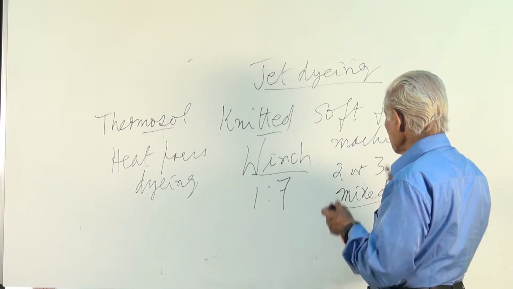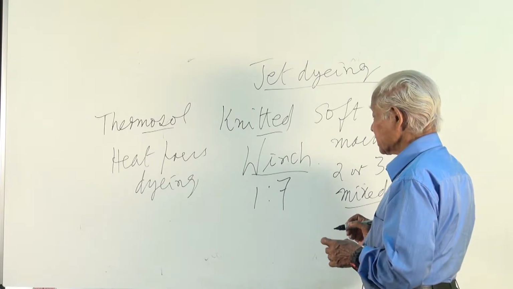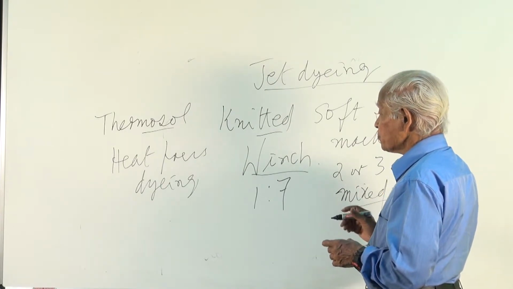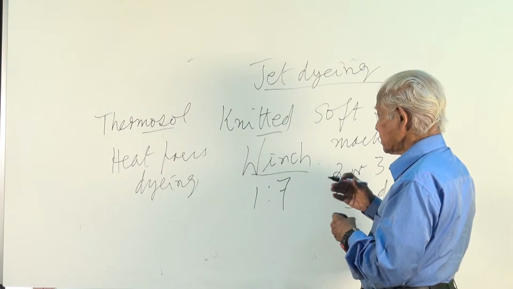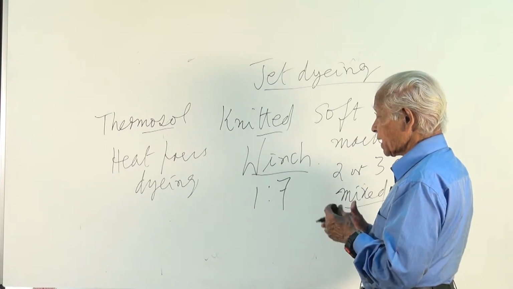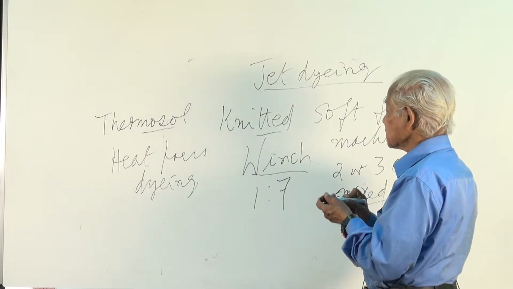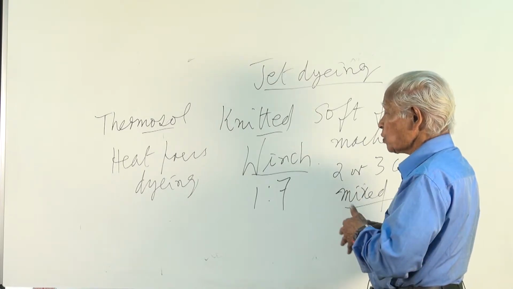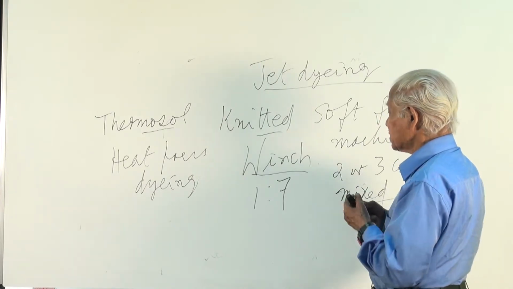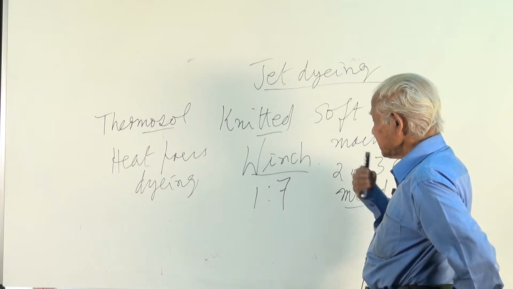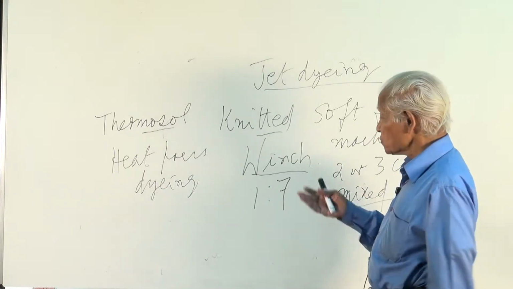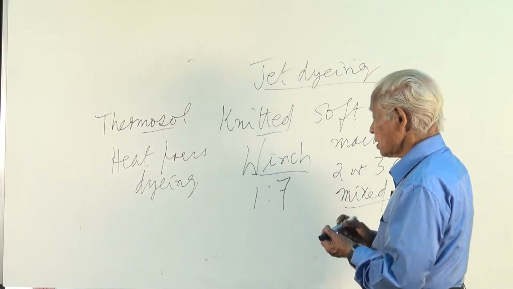No single color is used for dyeing the material. And this color mixing and the shade formation can easily be studied using a computer color matching system. And so many recipes have been developed to facilitate the dyeing industry to produce several shades.